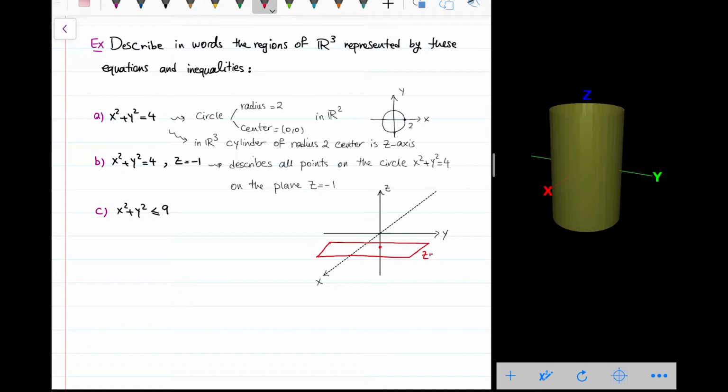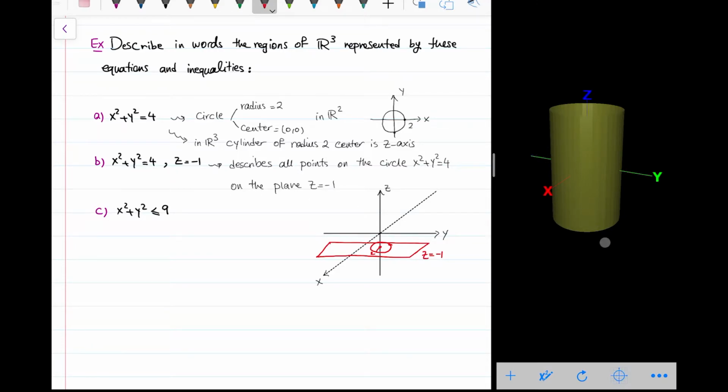Okay, so this is the plane z equals -1. And now on this plane, I need to consider all the points that are on this circle. It would be something like this, with radius 2 and the center at the origin.